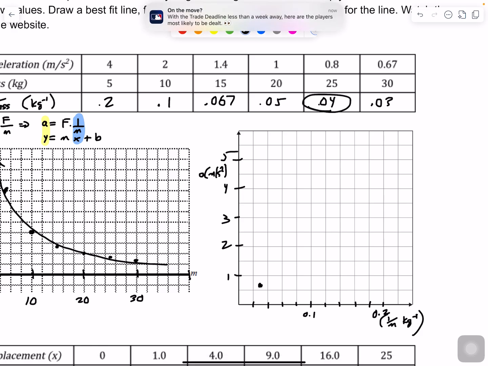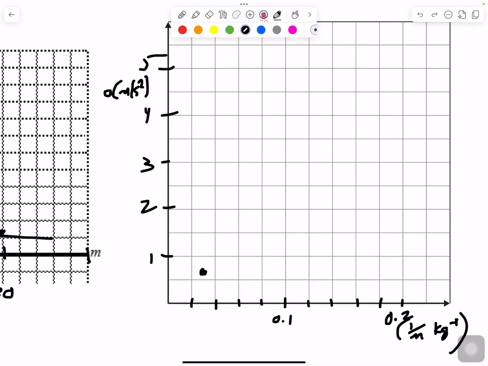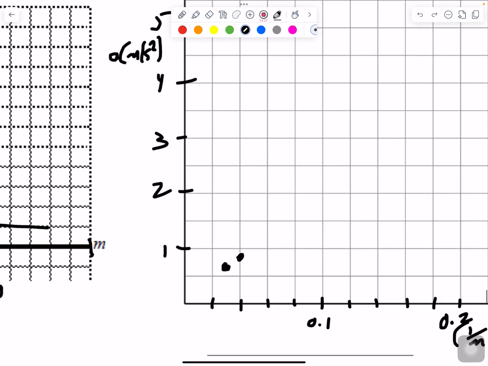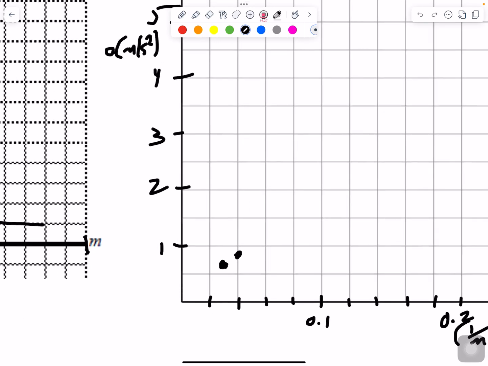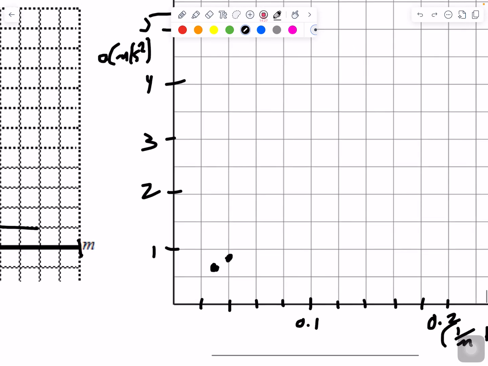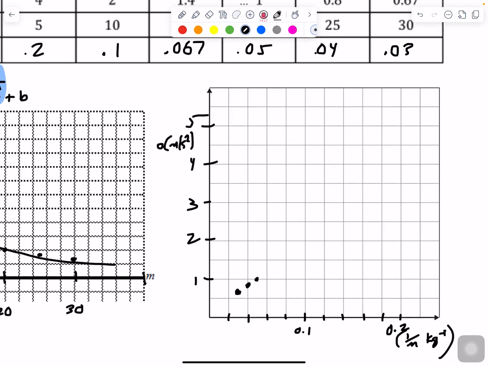Now I'm gonna plot 0.04 and 0.8. So 0.04 is here, 0.8 is in between 3/4 of the way and all the way to 1. Now I'm gonna plot 0.05 and 1. Sorry, I misspoke, 0.05. 0.05 is here, go all the way up to 1, and you can see your data is lining up in an increasing linear fashion, just like we want it to.